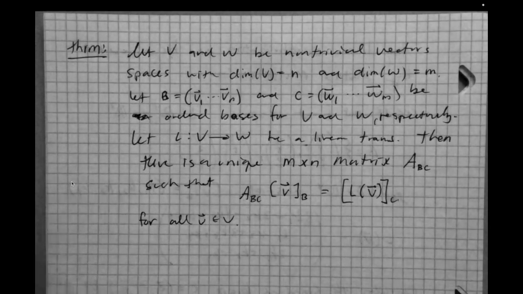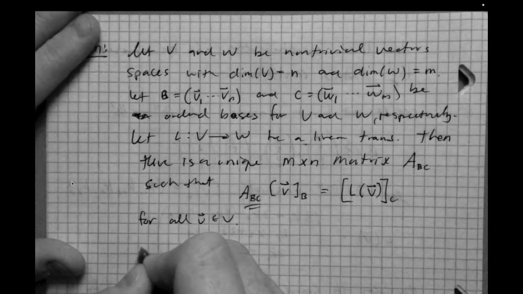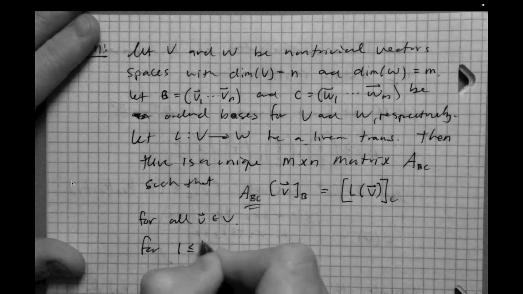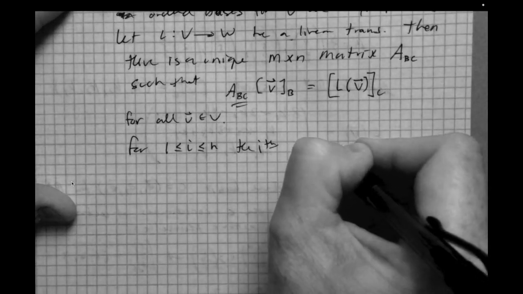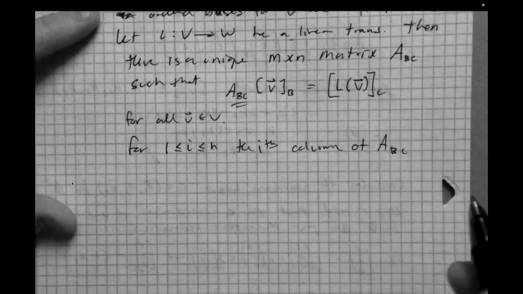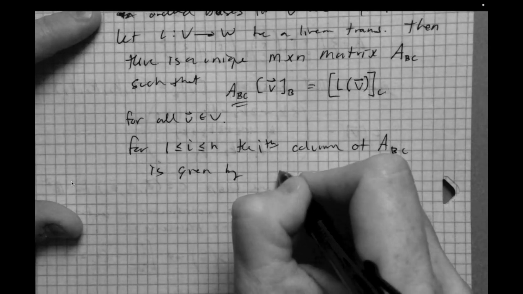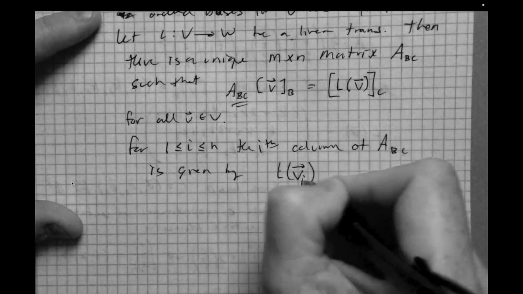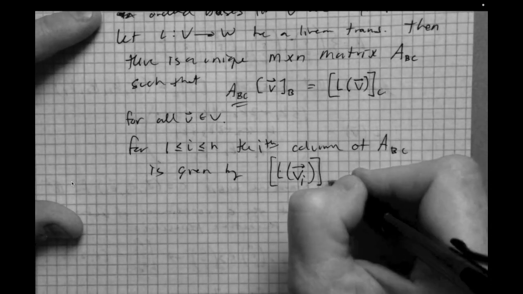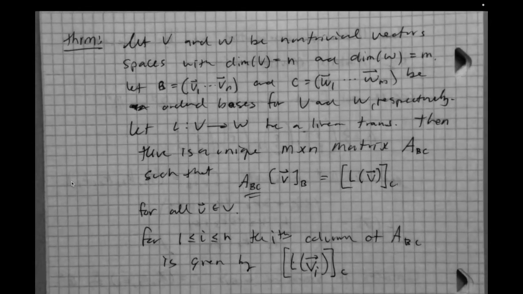So what is A sub BC? For 1 less than or equal to i less than or equal to n, the ith column of A sub BC is given by: take the ith basis vector, apply L to it, and coordinatize it in C. I realize that's a complicated theorem.